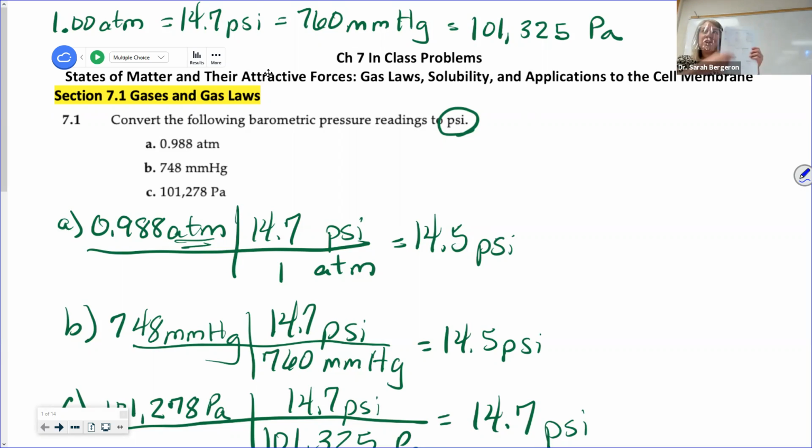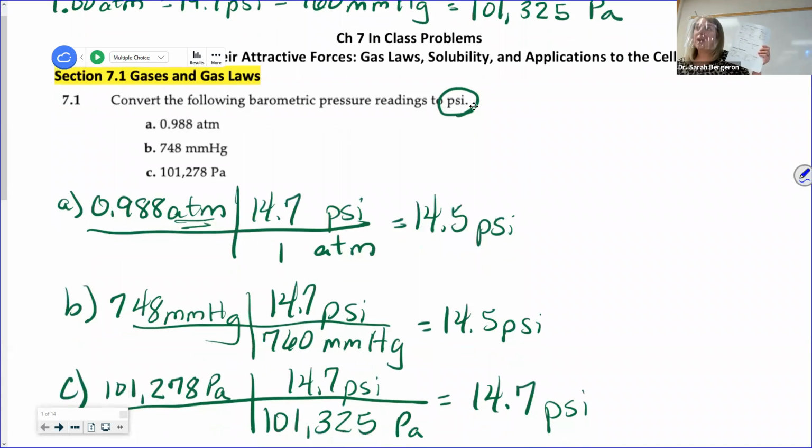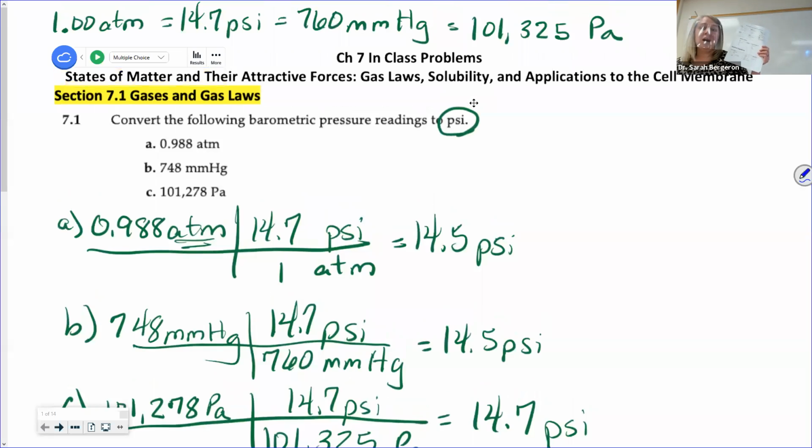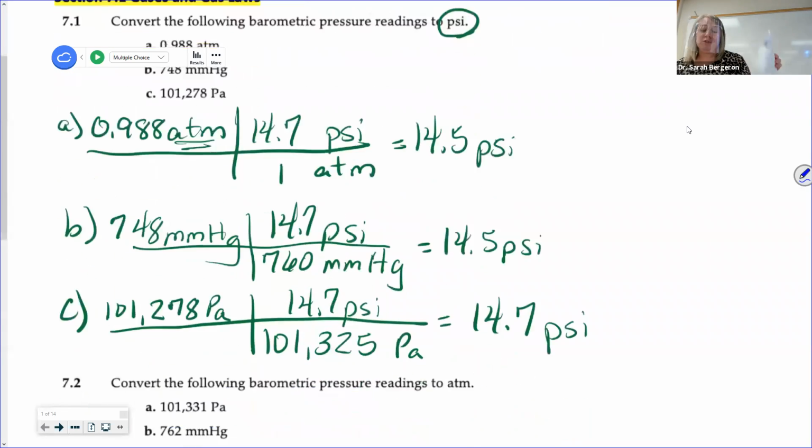It's on this page, kind of in the middle, it says pressure. Okay, that's what you're going to need. So I listed it up here because we're going to do lots of conversions. You have to get really comfortable with those. I want to make sure you can find them on your equation sheet.